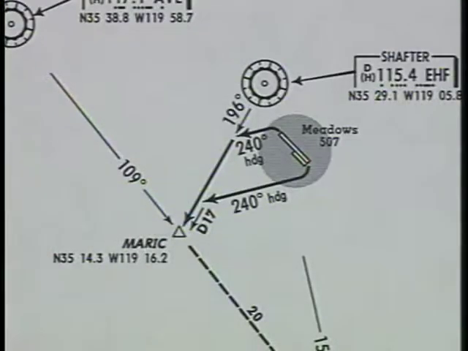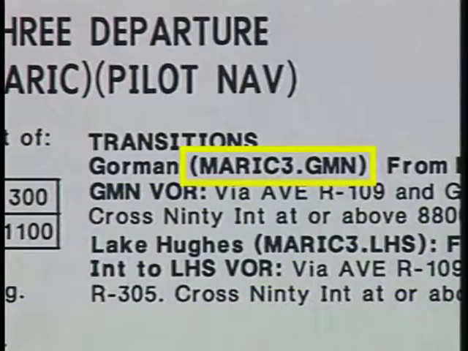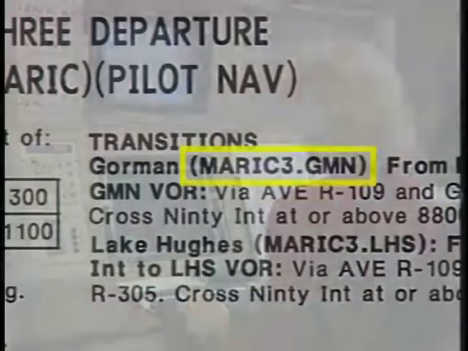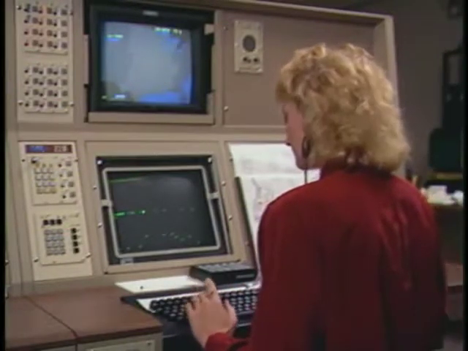If the flight is composed of a departure and transition route, such as the Gorman transition, the code MARIC3.GMN should be used.